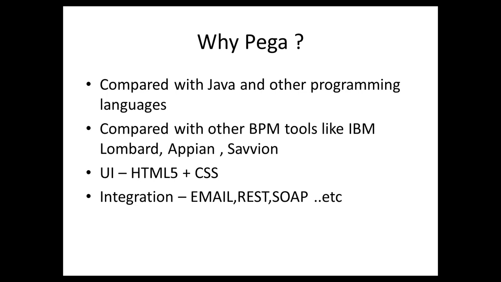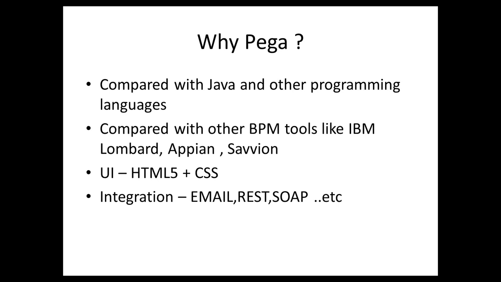So let's take a look at why Pega exists and, in overview, what a BPM system is. BPM stands for business process management. BPM as a domain and as a functionality for businesses has so many competitors currently, like IBM Lombardi, AppianA, Savion, so many other market players.